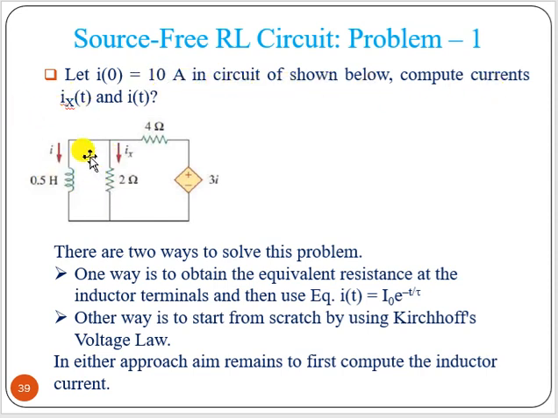Compute currents Ix and It. Now there are two ways to solve this problem. One way is to obtain the equivalent resistance at the inductor terminals and then use the equation I(t) equal to I0 e to the power minus t by tau. The other way is to start from scratch with Kirchhoff's voltage law.